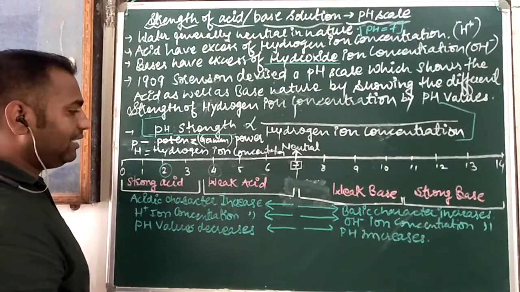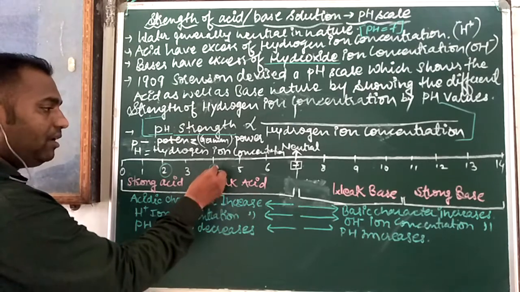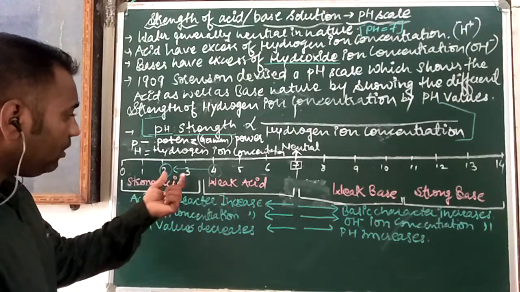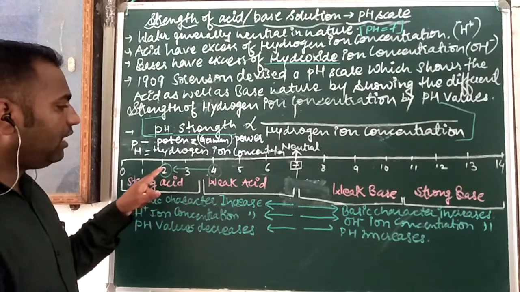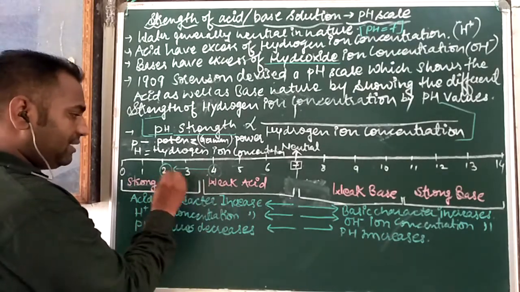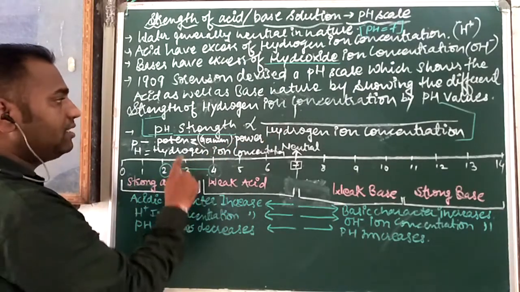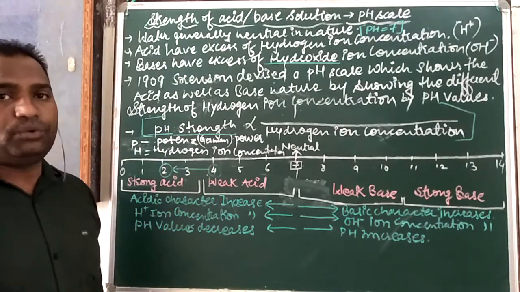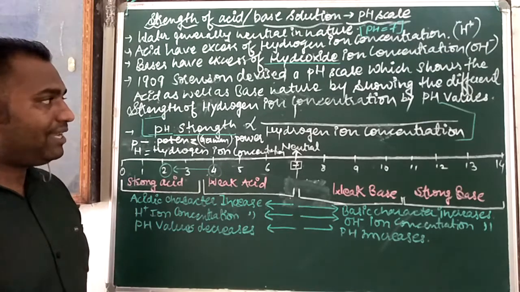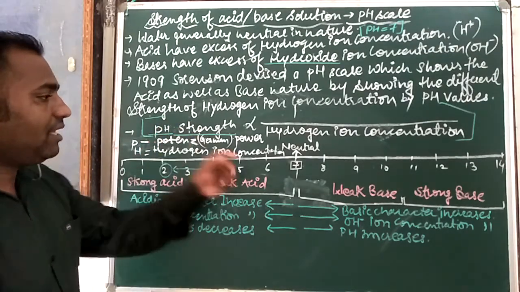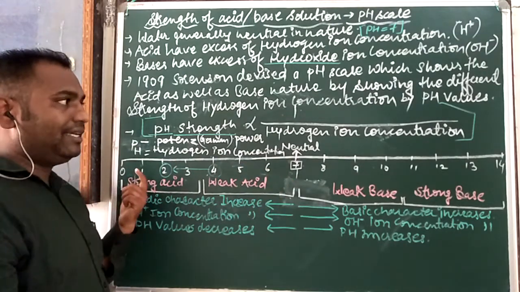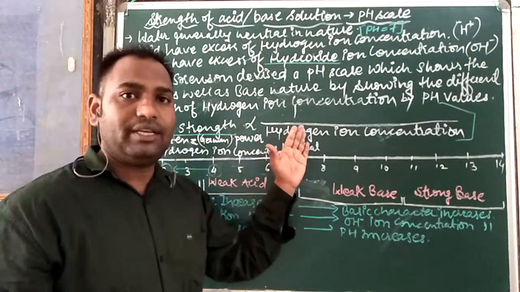So when we go from 4 to 2, hydrogen ion concentration increases, but the pH value decreases from 4 to 2. I hope you understood that. When pH values go from 7 to 1 they decrease, but when pH decreases, hydrogen ion concentration increases.